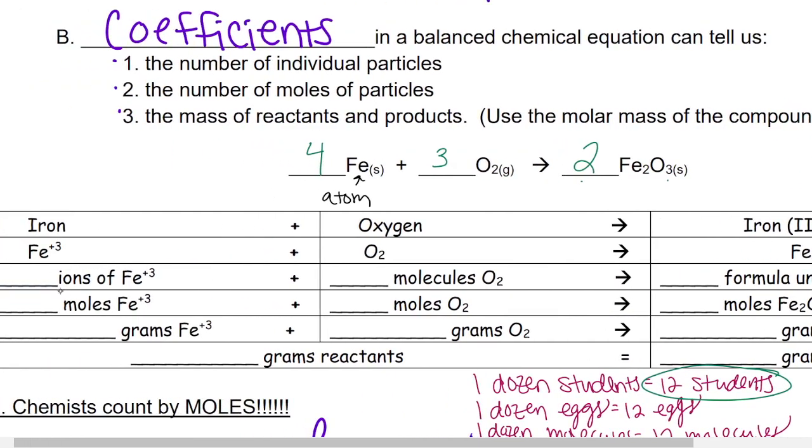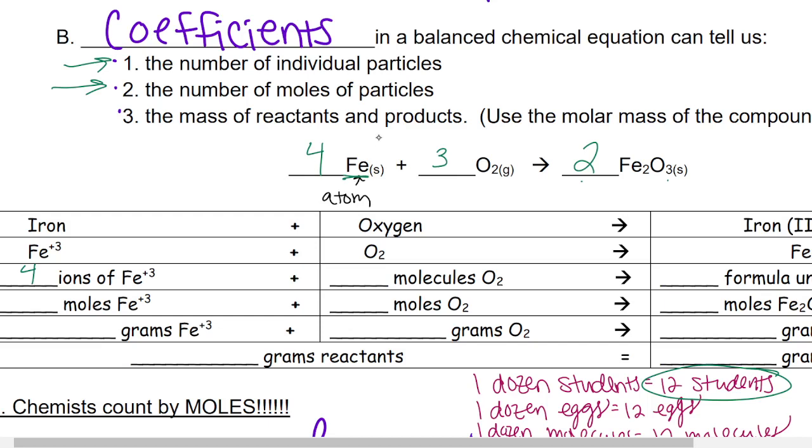So if I were to count this, I can use my coefficients to tell me the number of individual particles and the number of moles of particles. So if I say my coefficient is 4 in front of iron, that means I have 4 atoms of iron. I called it ions because it's going to end up making an ionic compound, but as it stands, this would really just be an atom.